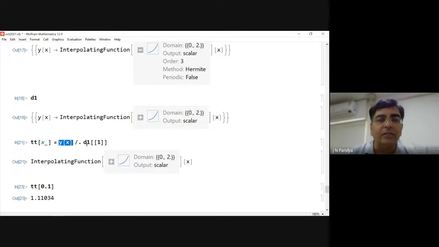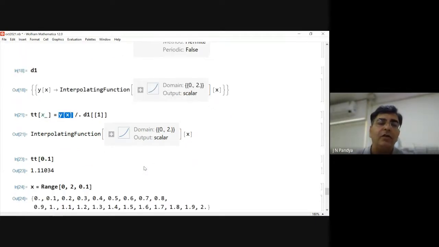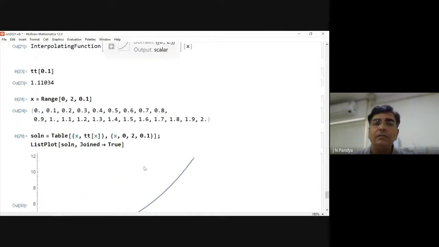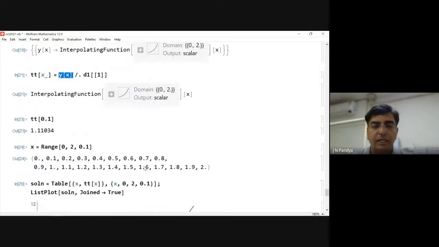So when I asked for d1, it was giving me with one bracket. But if I want one more bracket to be gone, I'll be writing it as, okay, I want the first element from that. So whatever is that, remember, this is a function. Only thing is that we don't know what is that function. And we don't care, because ultimately what we want is the solution in numerical form. So that we are already getting. It is this. Is it okay?